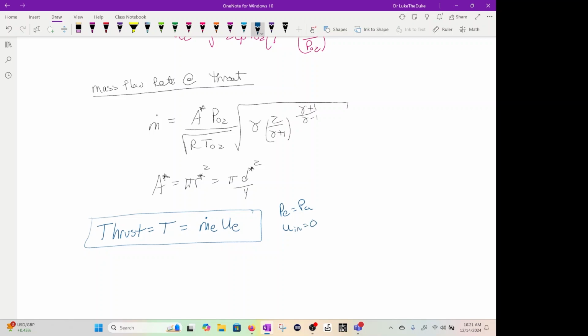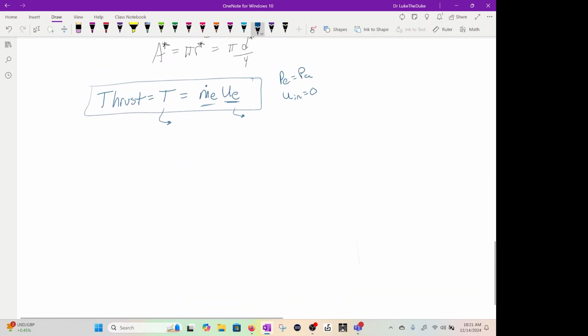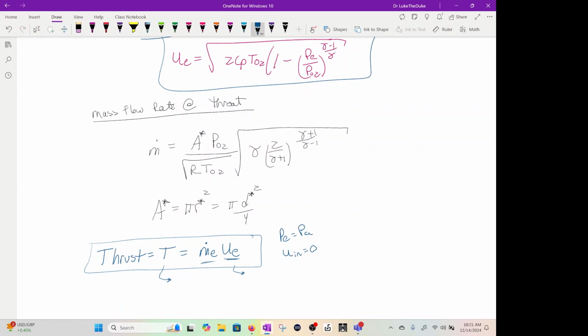So that's why it's just mass flow rate times the exit velocity. So if I give you thrust, a large number of thrust, we can find our exit velocity from above, right here. We can solve for m dot, which we can then plug into here to solve for A star.